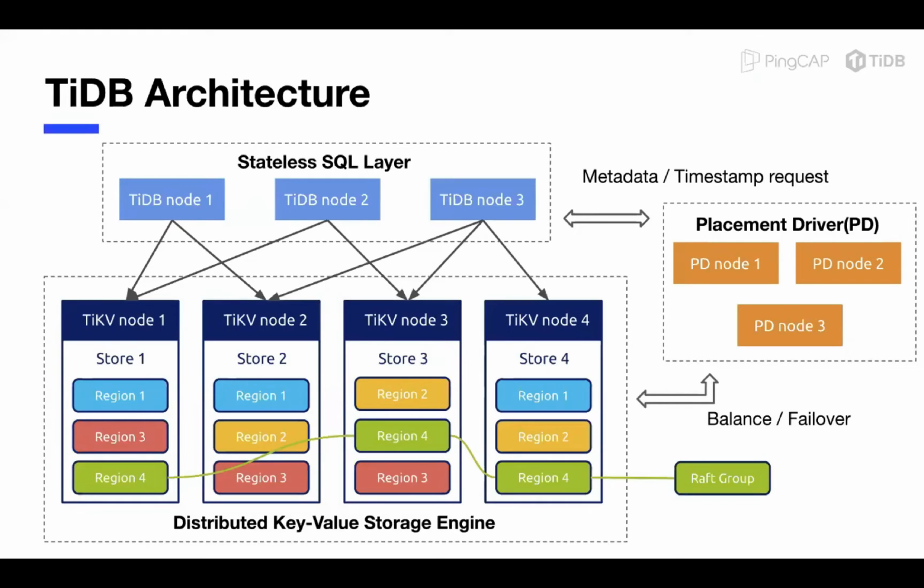I would start with the stateless SQL layer, which is very easy to scale for compute, and it handles the client connections, does the parsing, has the optimizer, etc. And then it uses TiKV storage, a distributed key-value storage engine, which distributes the data and uses Raft for synchronizing and achieving HA and balancing. A bit of the balancing is done by the placement driver, which has the metadata about everything in the different schemas.